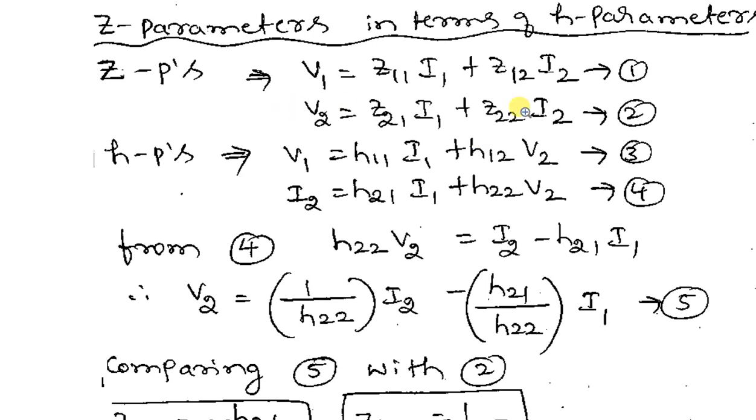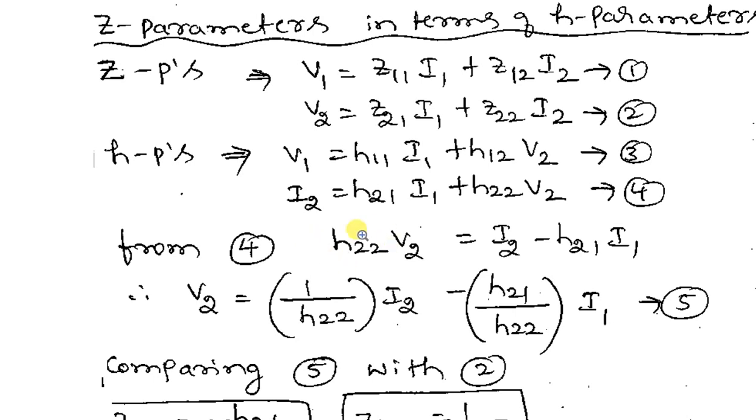Understood what I told? In equations 2 and 4, V2, I1 and I2, these three variables are mapping with 4. So from equation number 4, you express V2 in terms of the others: H22 V2 is equal to I2 minus H21 I1.